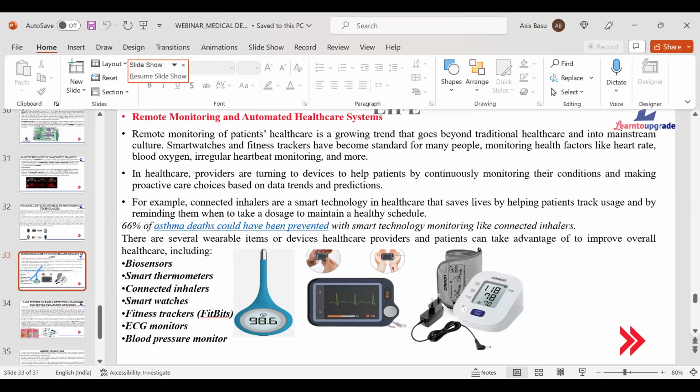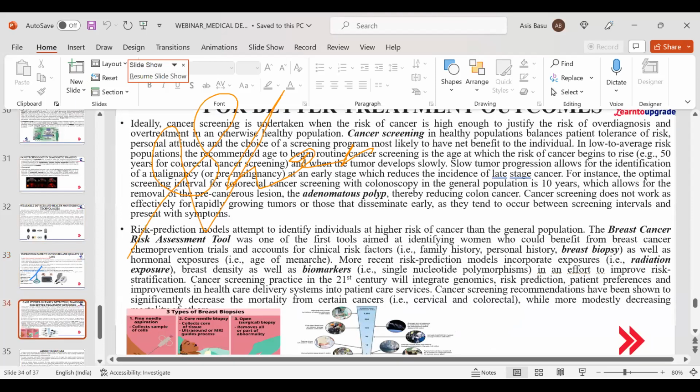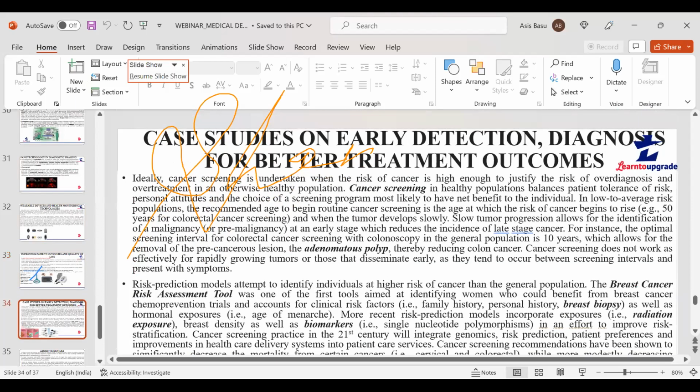That is why it will eventually help us improve the quality of our life. There are various examples like biosensors, thermometers, inhalers, smartwatches obviously, blood pressure monitors, ECG monitors. These are some of the major wearables that we have.